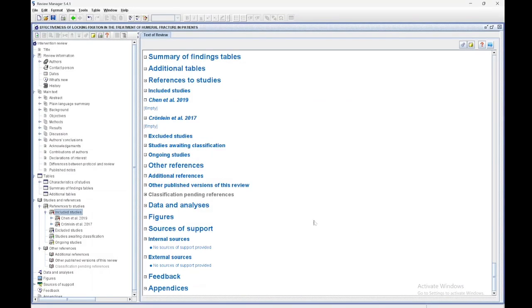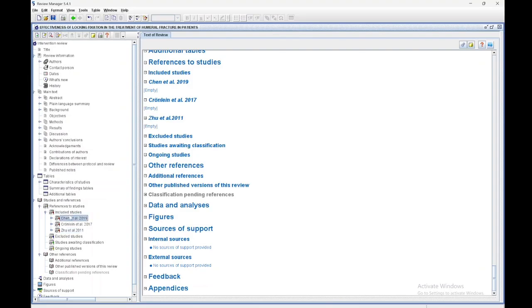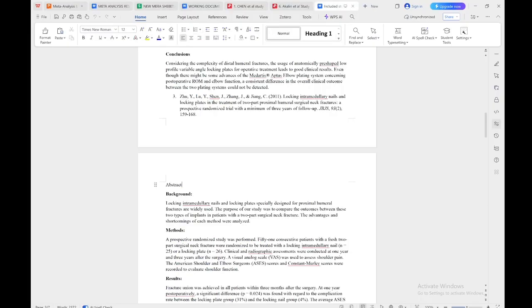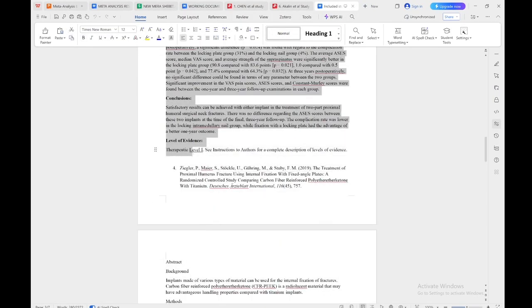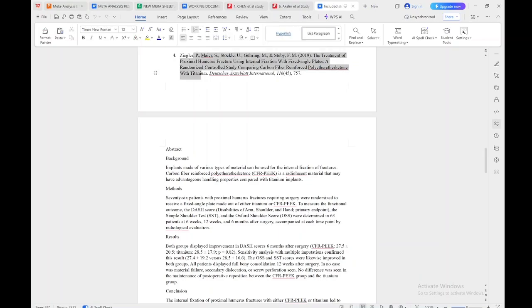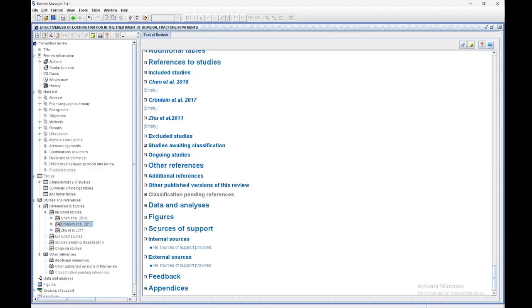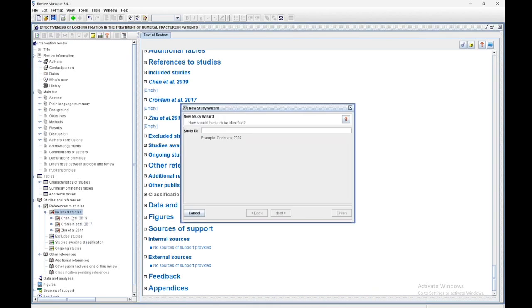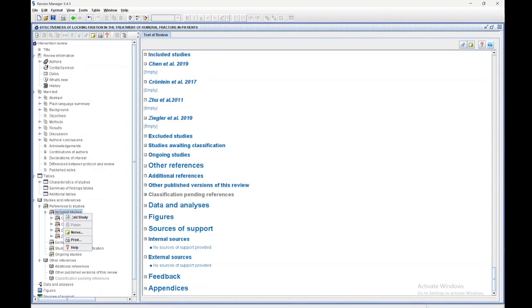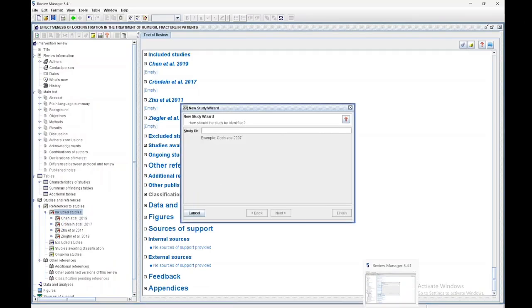Okay, so you click on finish. Basically, I think we're working with these two. I think I could just add one more to make it four. Let's just be fast with that. Ziegler et al. 2019. I'm just going to come here. I'm going to click on finish. I'm going to click on add.